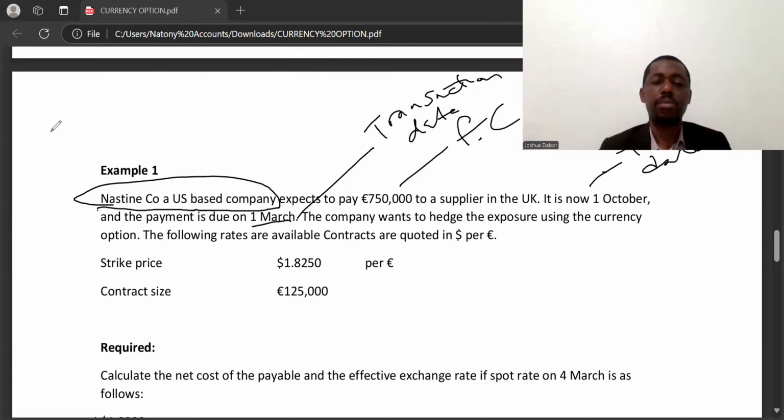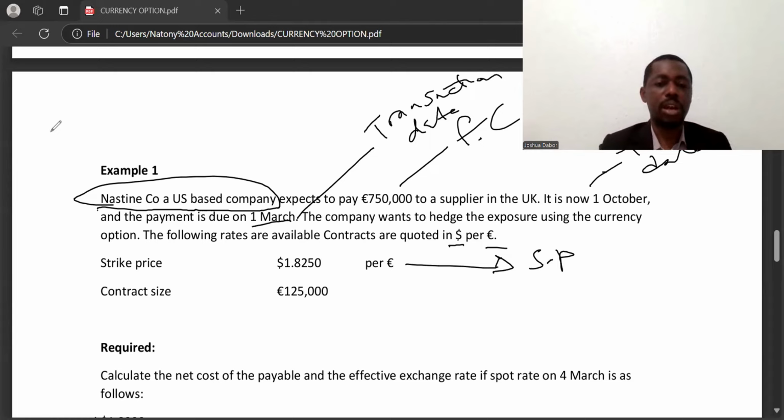Okay. The company wants to hedge the exposure using the currency option. The following rates are available. Contracts are quoted dollar per euro. So this is the strike price. Here is the strike price. So in this example, we are given just one strike price, so there's no need for you to determine which strike price you are going to be using.